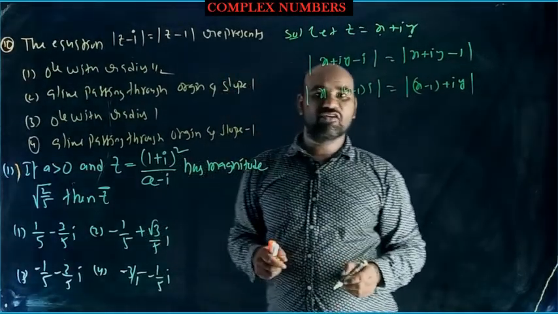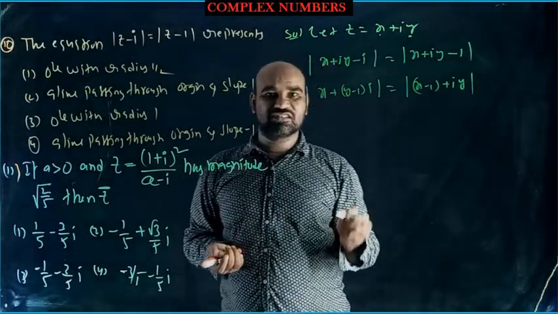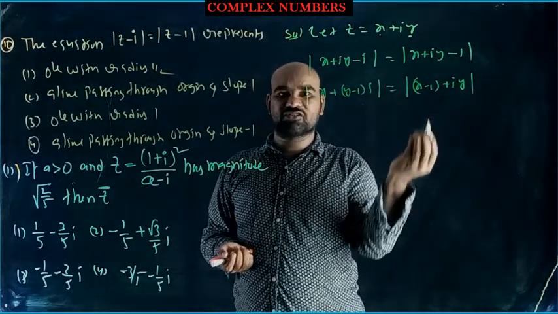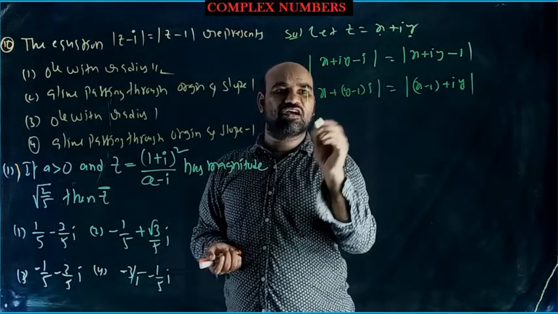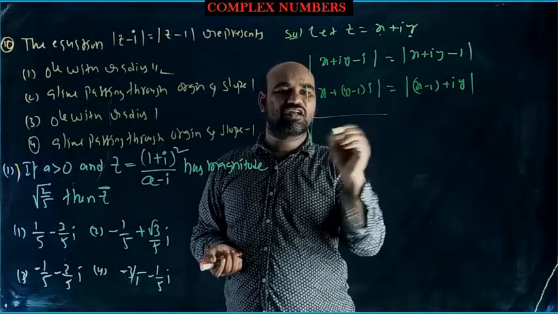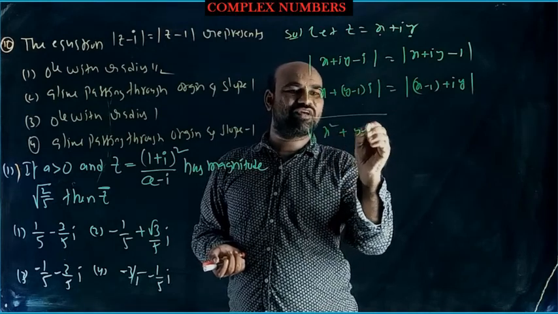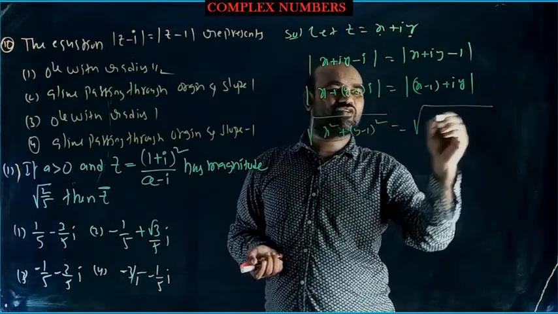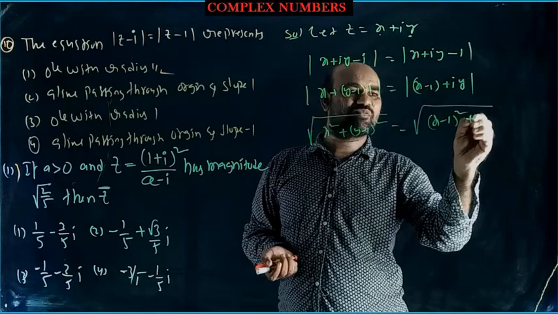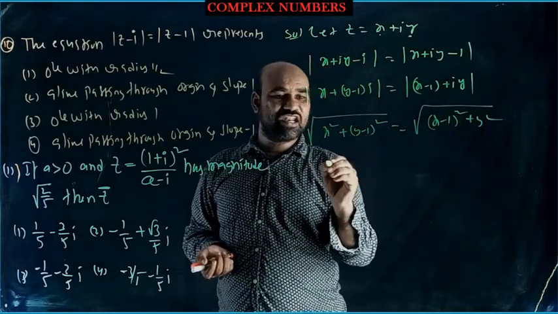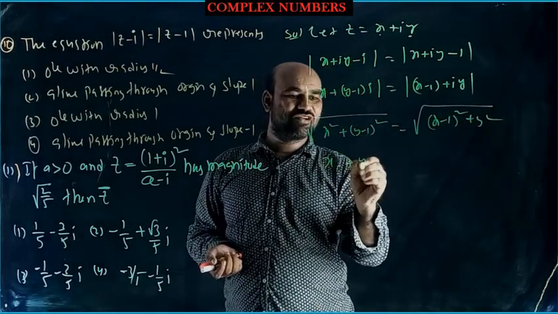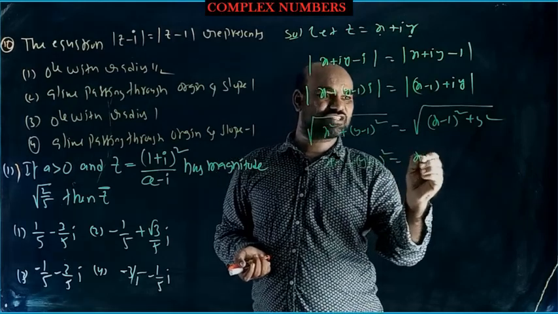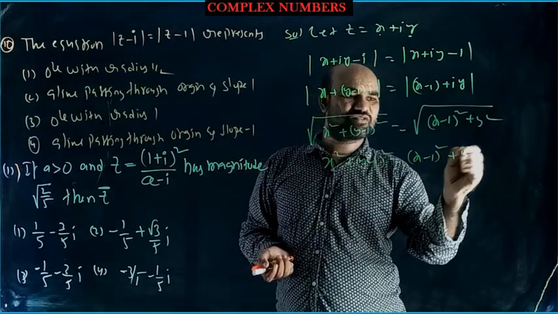So mod z1 equals mod z2 means mod z1 square equals mod z2 square. You know how to find mod z1: root over x square plus (y minus 1) whole square equals root over (x minus 1) whole square plus y square. Squaring both sides, x square plus (y minus 1) whole square equals (x minus 1) whole square plus y square.